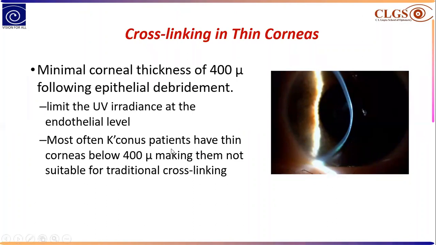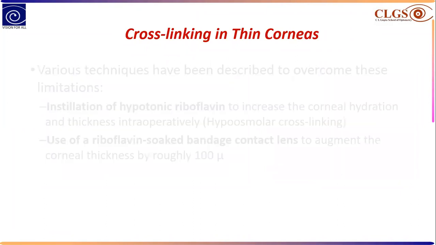Most often keratoconus patients have thin corneas below 400 microns, making them not suitable for traditional cross-linking. In keratoconus, it is often diagnosed late, and most of the time we see corneal thickness of less than 400 micron, and there we cannot do the traditional or accelerated cross-linking.